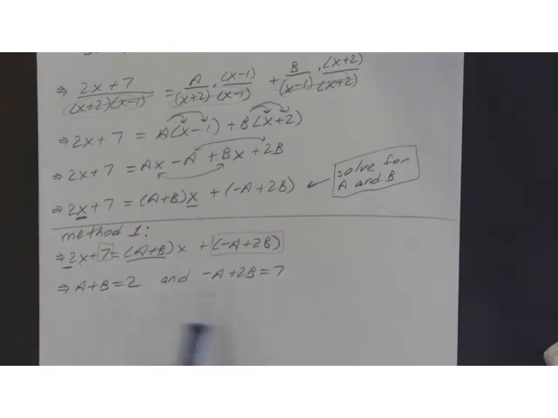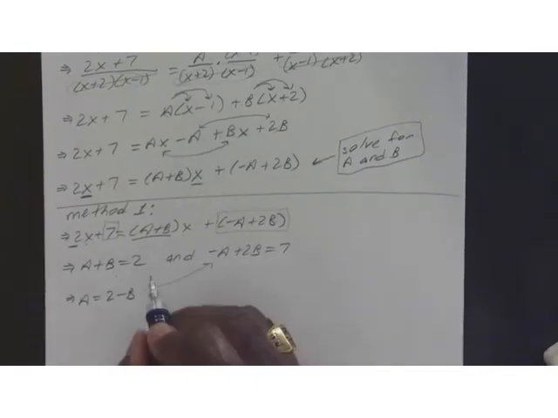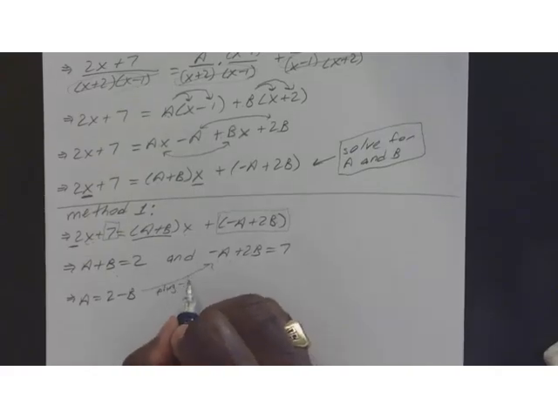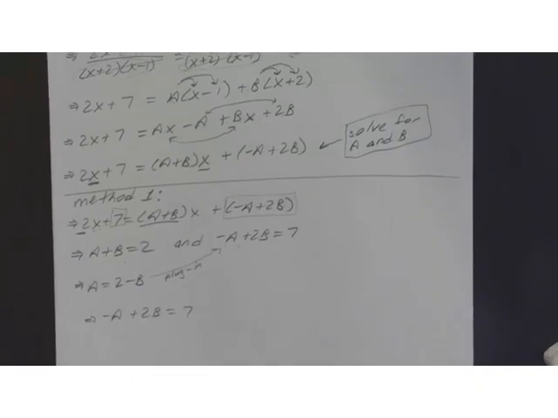So it doesn't matter which one you start with, but we have to isolate one of those unknown variables. So let's say if we subtract b from both sides, we can say that a is equal to 2 minus b. And what we're going to do is we want to get that and just plug it right into that one. So that negative a plus 2b equals 7.